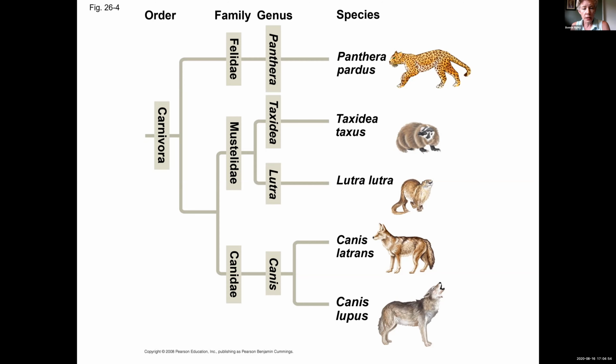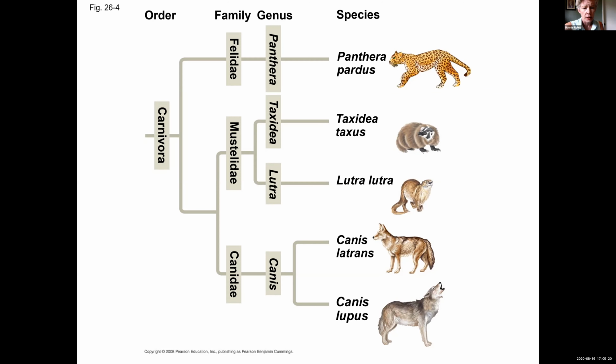So they are in the family Canidae, and those are dog-like animals. So notice there's also Felidae on this diagram, and that it's only showing one genus and one species, but you know that there are many more kinds of cat-like animals that are not shown on this diagram, so we aren't showing them all.